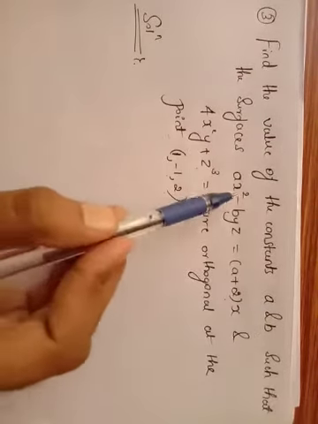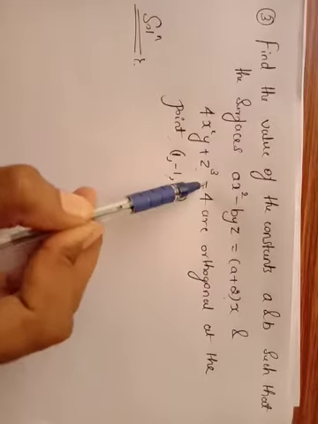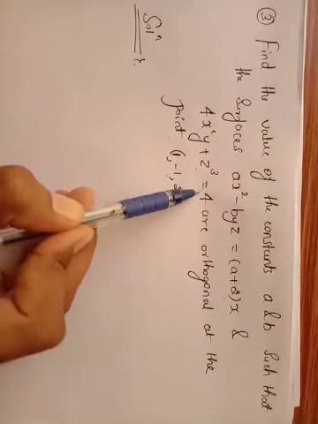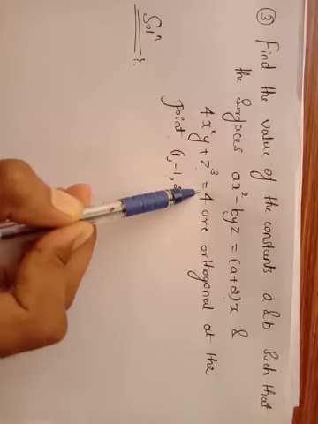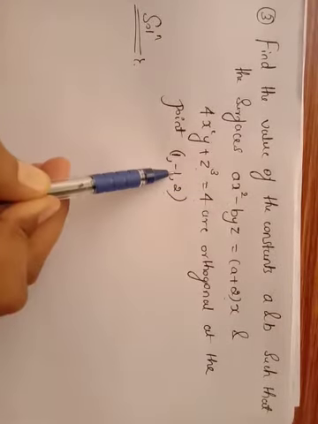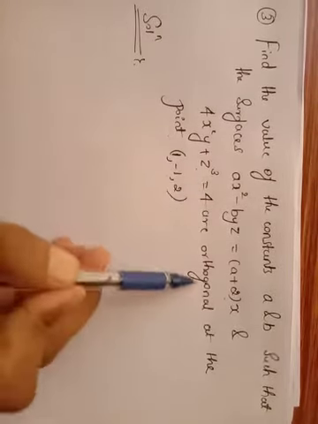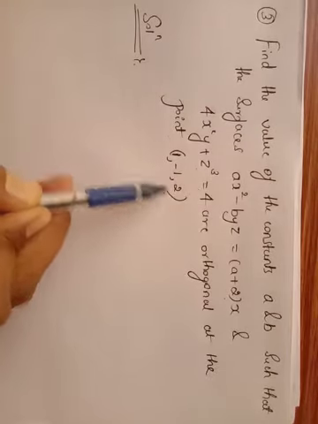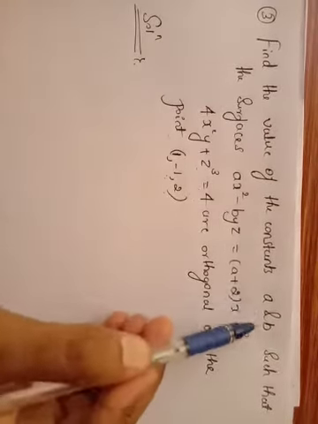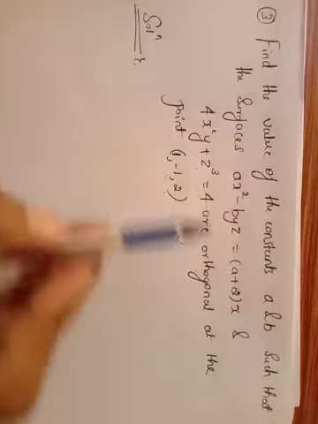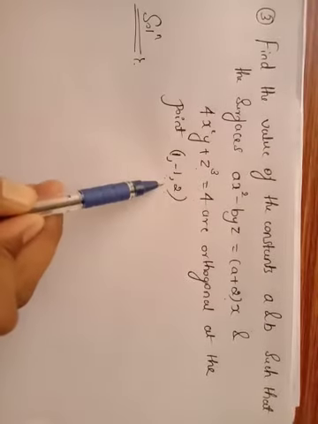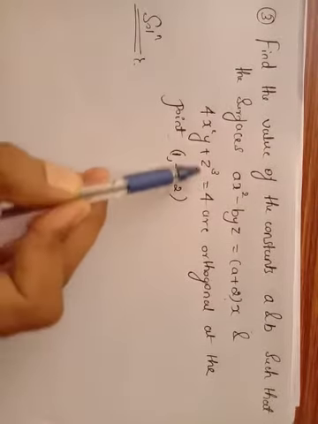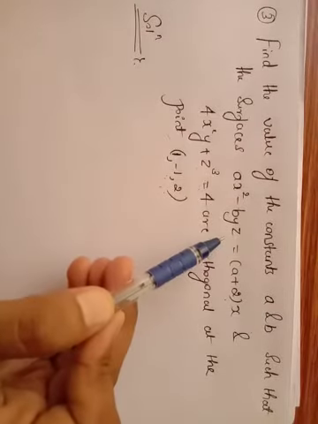What is given here? Two surface equations, one is this and another is this. Another condition: these two surfaces are orthogonal at this point. By using this condition, we are going to find the values of a and b. If these two surfaces are orthogonal at this point, then the point must lie on both surfaces.